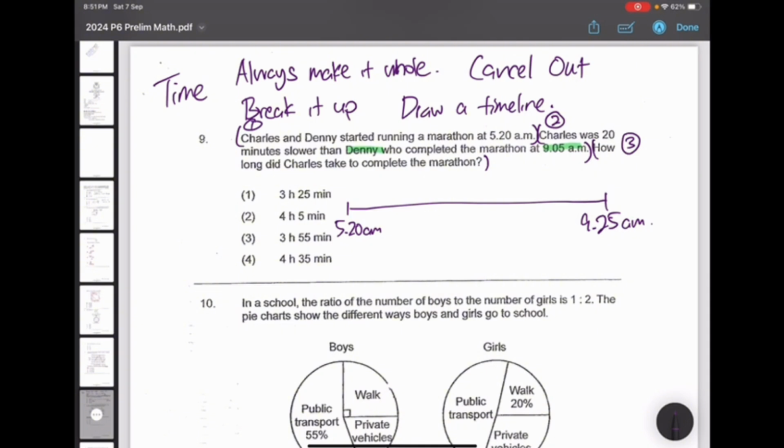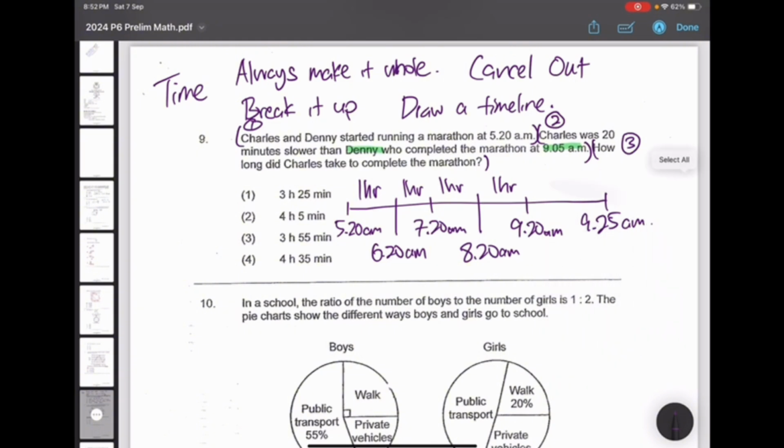Now what we want to do is to break it up. We're not just going to count it all the way. We want to break it up into hour intervals so that it's easier for us to count. So the first hour would be 6:20 a.m. Next hour, 7:20 a.m. Next one would be 8:20 a.m. Another hour, and then lastly, the last hour would be 9:20 a.m. And you know that from 9:20 a.m. all the way to 9:25 a.m. is just 5 minutes.